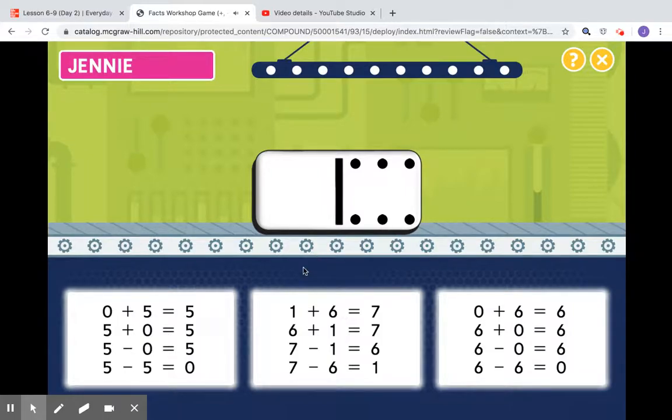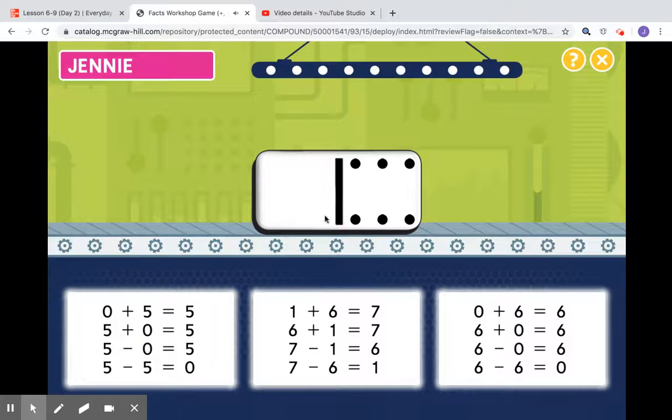Now down at the bottom here, we need to click on the box that shows what our domino is showing. So I wouldn't click in this box, boys and girls, because this box says 0 plus 5. And I don't have 5 dots in this box. I have 6. So that is not the right box. Our next math facts box is 1 plus 6 equals 7.